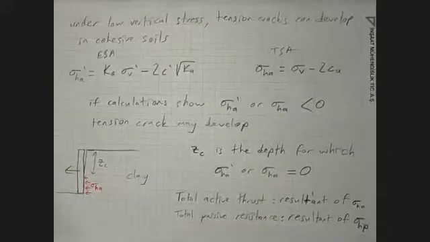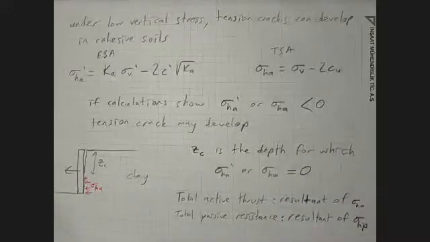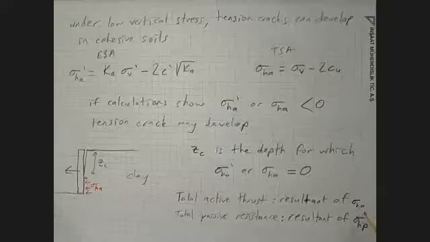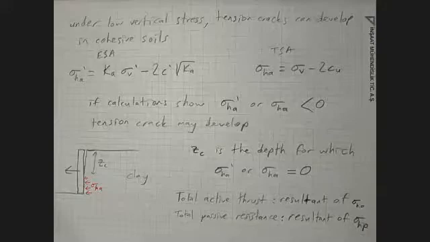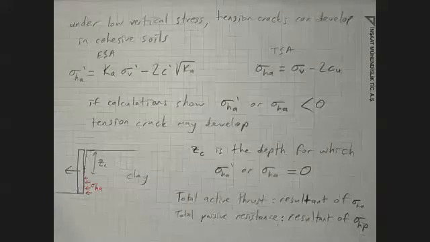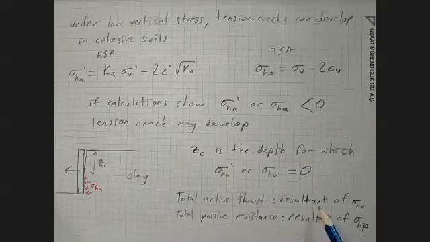This time I'm not putting primes here, because total active thrust is always total, because that's what the name says. So even if you are doing effective stress analysis, it means you are going to calculate the effective stresses and then add pore pressures onto them, therefore obtaining the total stresses. Again, as I said, there are formulas for this in some books. Don't use them. If you use them, you will make mistakes.